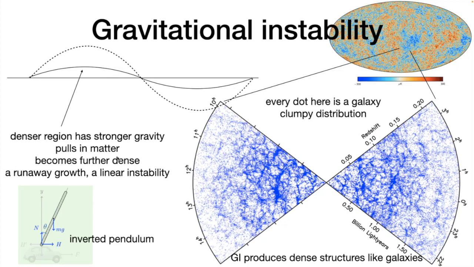Waves and instabilities are like two aspects of the same coin. A dynamical system can be stable, like the sound waves are a stable response, or it can be unstable, like this inverted pendulum. So gravitational instability is like an instability. If you start with tiny perturbations, these perturbations grow.